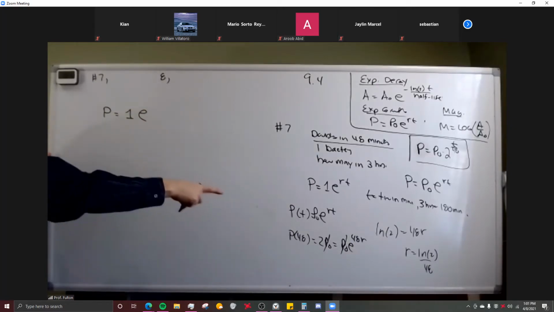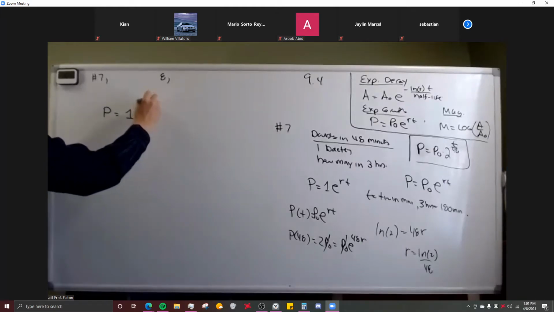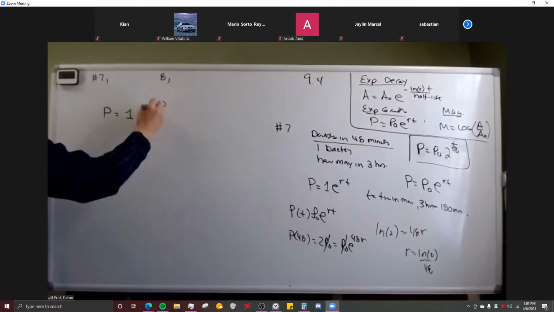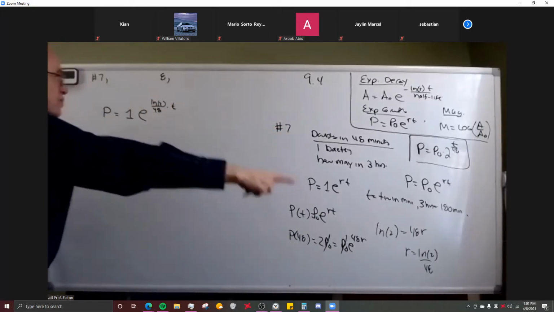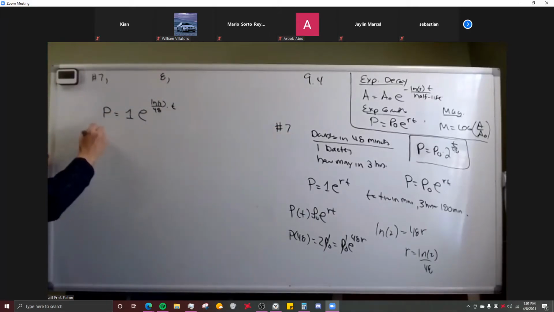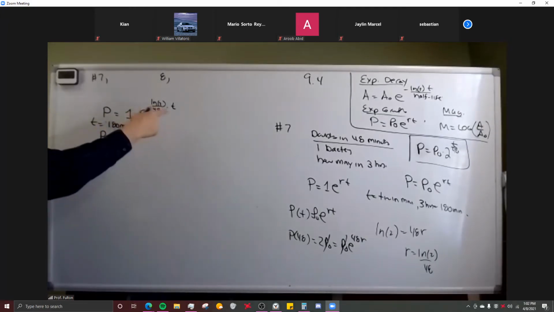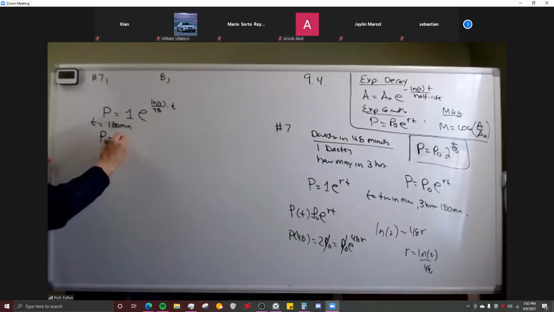So my R is equal to the natural log of 2 divided by 48, times my time. Now I'm asking, after 3 hours, how much is there? So P after 3 hours, T equal to 180 minutes. Make sure you don't mix the units, they have to be the same. So I get e to the natural log of 2 over 48 times 180.